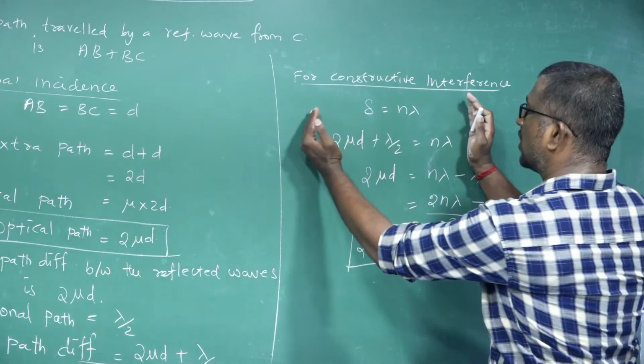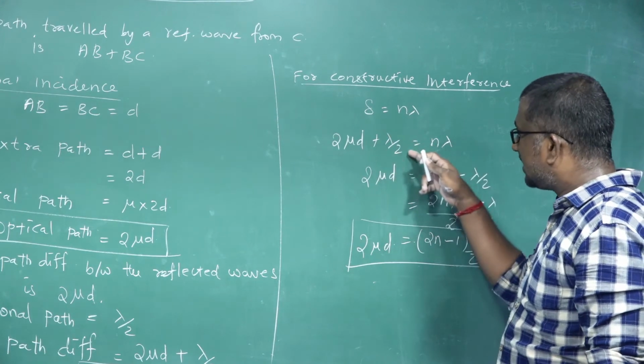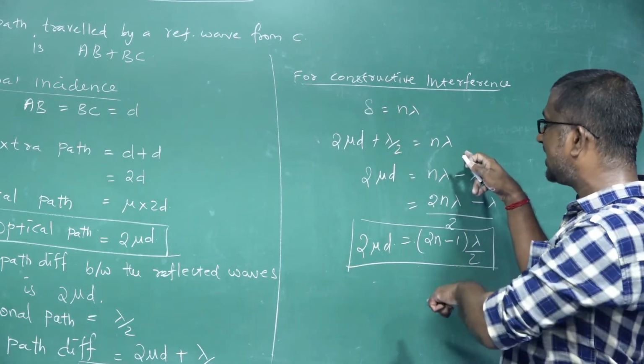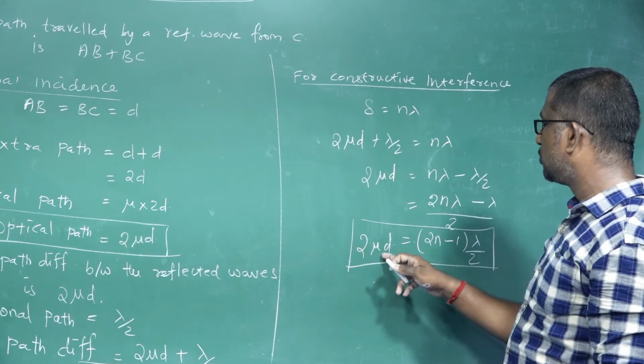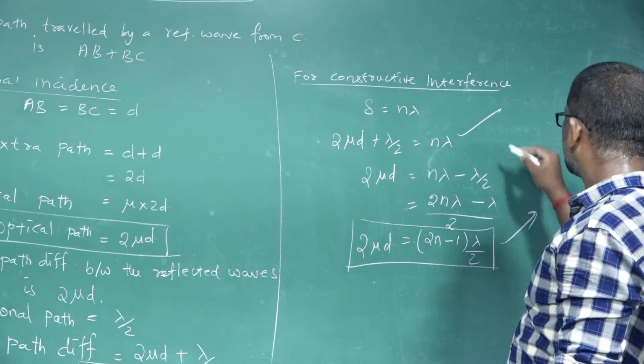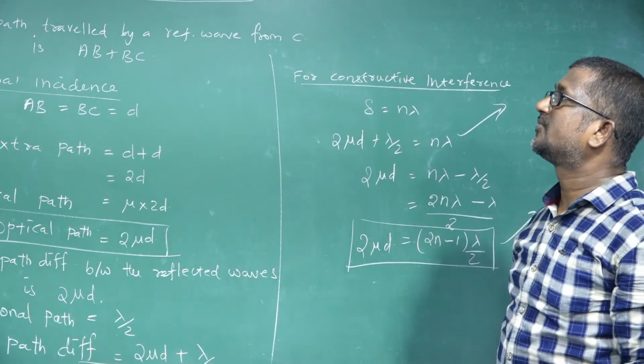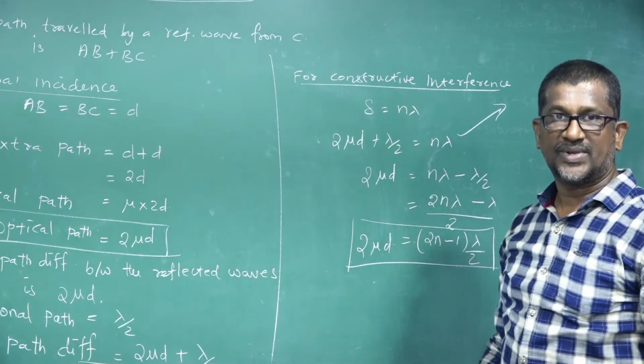So this is the main one: 2 mu d plus lambda by 2 is equal to n lambda. If the lambda by 2 is taken to this side, the equation becomes 2 mu d is equal to 2n minus 1 lambda by 2. So both equations are conditions for constructive interference in the case of reflected waves in the thin film.